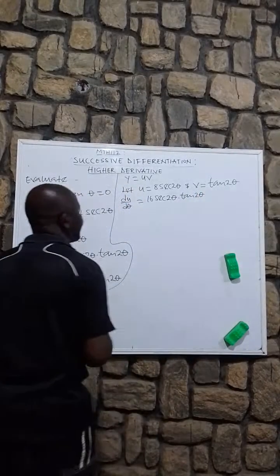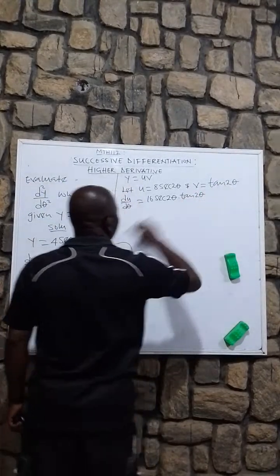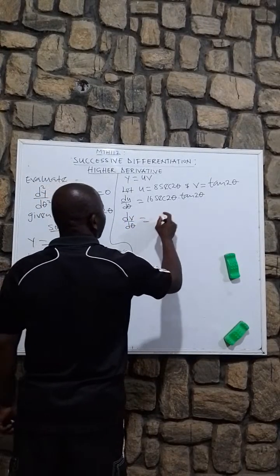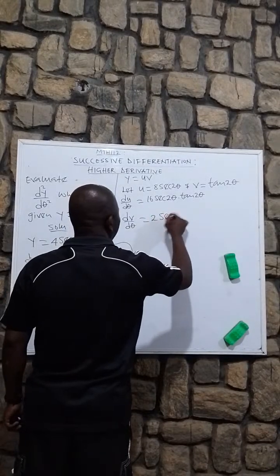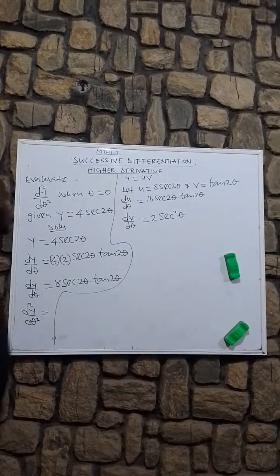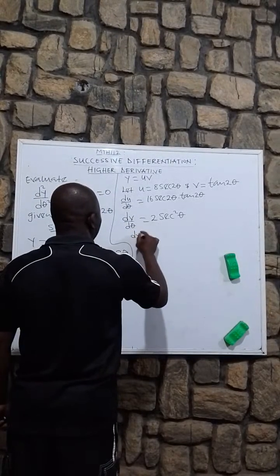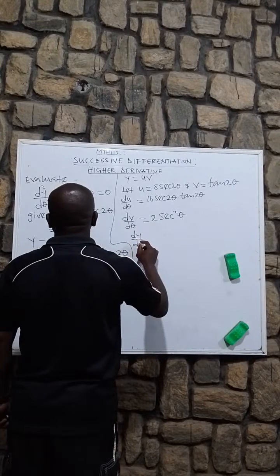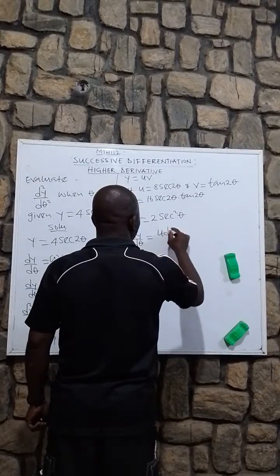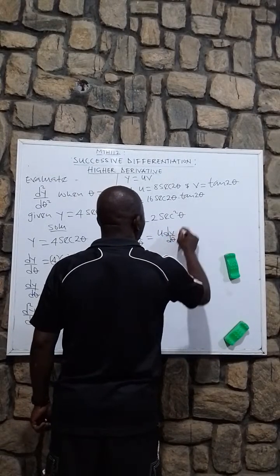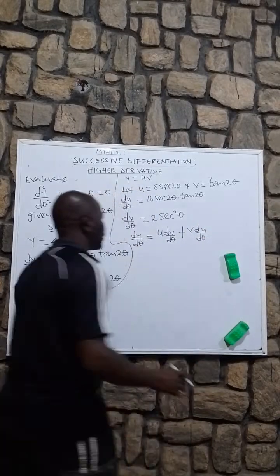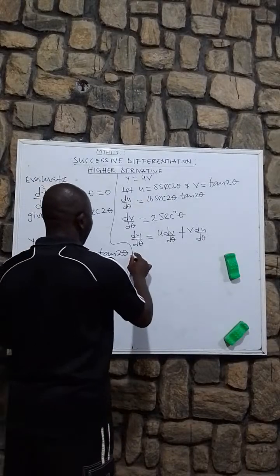Then let us differentiate v, dv over d theta, we are going to have 2 sec square 2 theta. Okay, so let us write down the formula for our dy over d theta, which will now be equal to u dv over d theta plus v du over d theta. True or false?